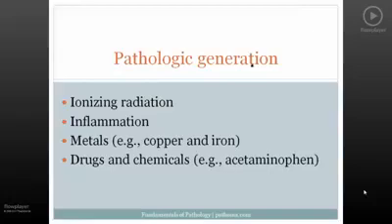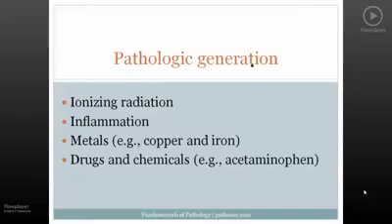Another example, just take an excess of copper. So what's the disease in which there is an excess of copper? It's called Wilson's disease. And in Wilson's disease, the excess of copper generates free radicals, which then leads to tissue damage, creating a certain set of clinical symptoms.